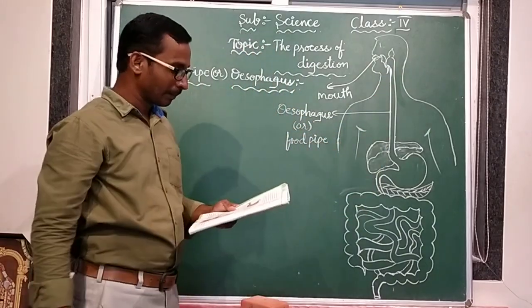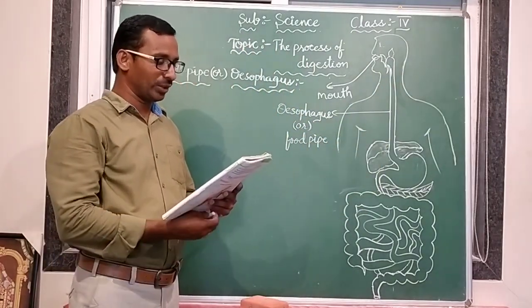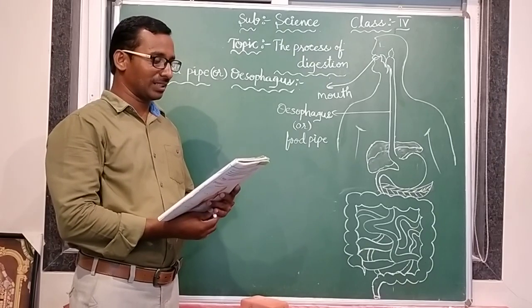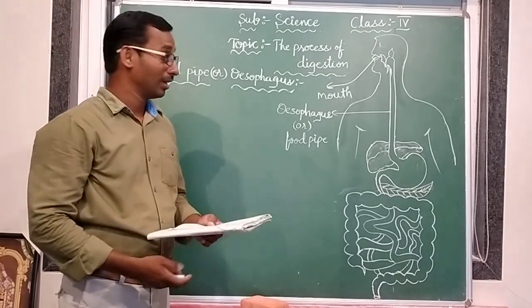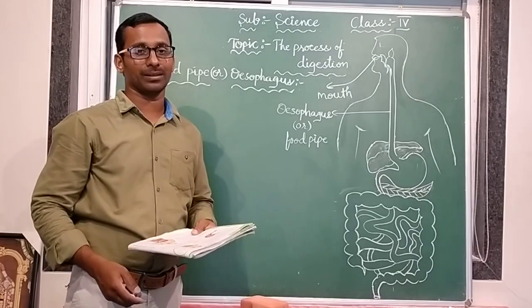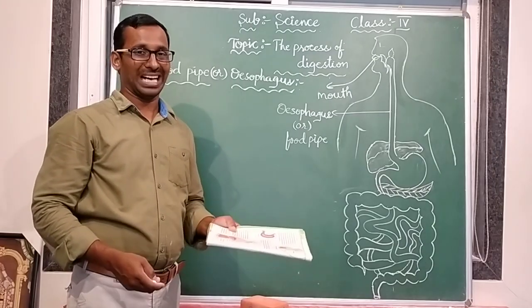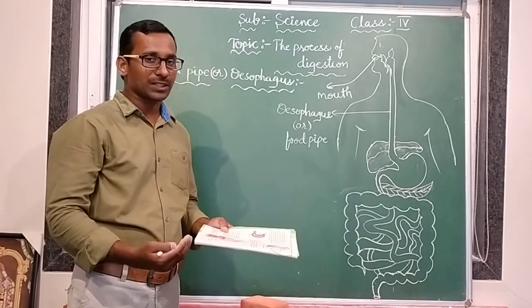The chewed and swallowed food enters the food pipe or esophagus. With the help of the mouth, we are chewing the food items. Already we discussed it. After chewing, what do we have to do? We swallow that food item.